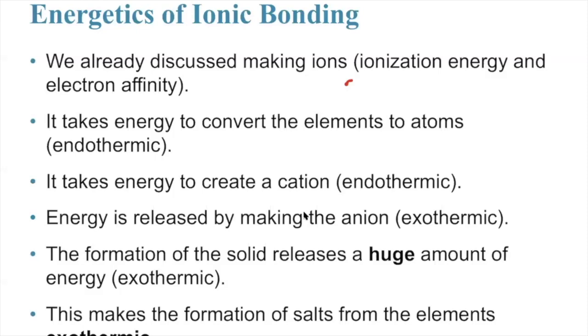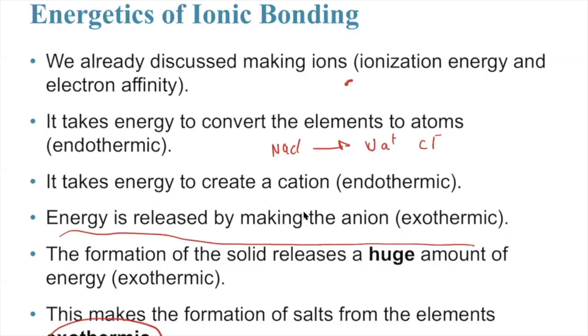So if you want to convert sodium chloride into different ions, that is going to be an endothermic process, and it takes energy to create a cation. Energy is released when making an anion. So this is back from the last chapter. The formation of a solid releases a huge amount of energy, which is exothermic, which means the formation of salts is exothermic, because in general you're going to have more energy being released.